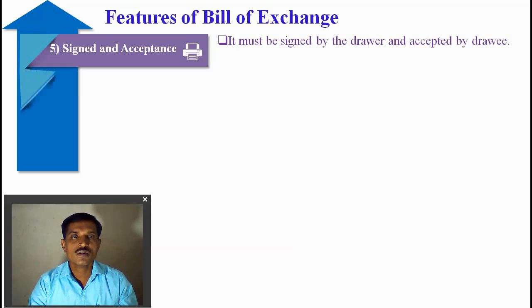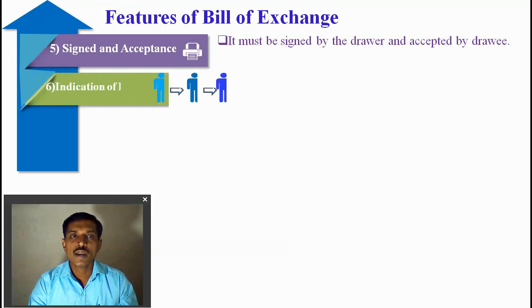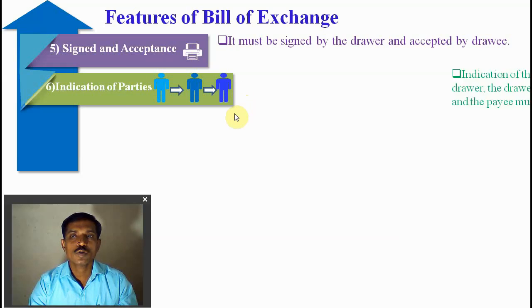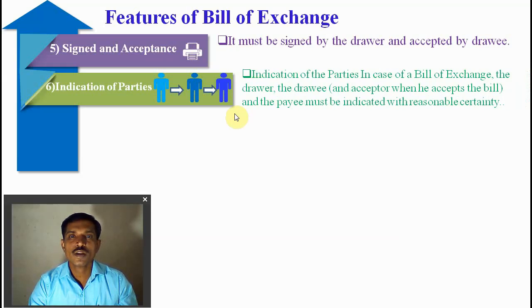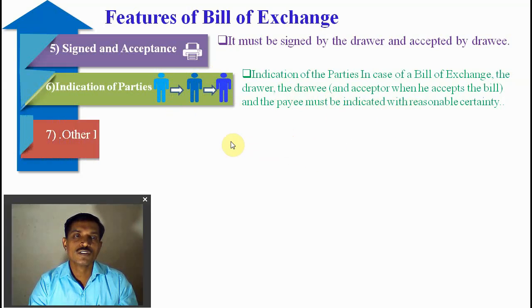The next is about the indication of the parties. So in the promissory note there are 2 parties, but in a bill of exchange there are 3 parties: drawer, drawee, and payee. So there are 3 parties in a bill of exchange.